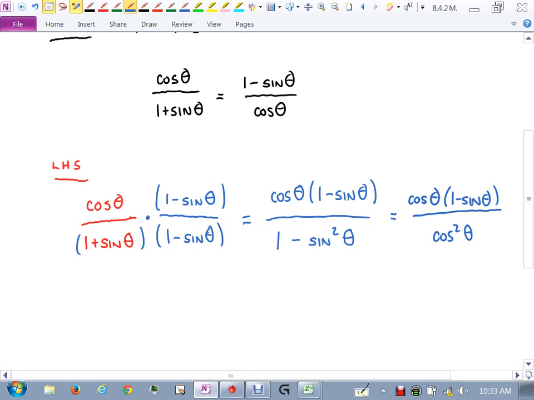I can cancel one of them from the top and one of them from the bottom, which leaves me with 1 minus sine theta over cosine theta. And that is the right-hand side. And so I'm done, right? I've taken the left-hand side. I've done nothing but correct algebra to turn it into the right-hand side.